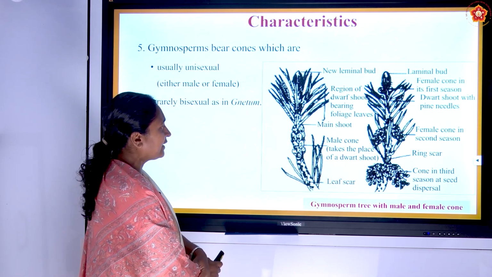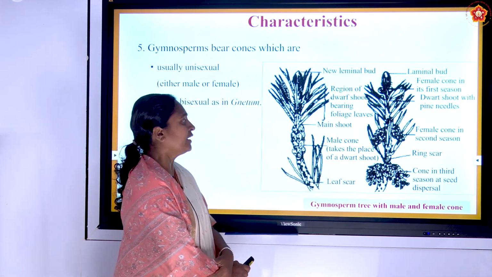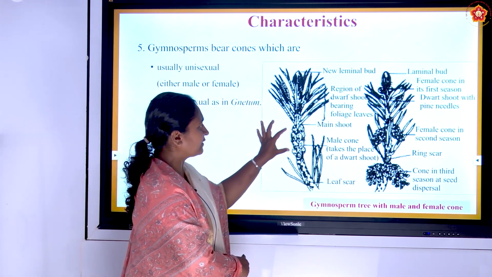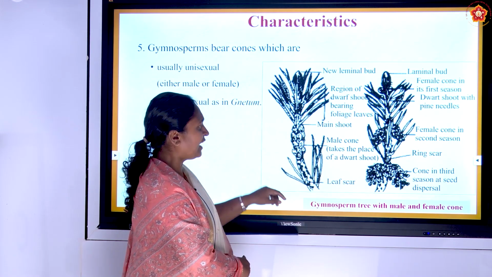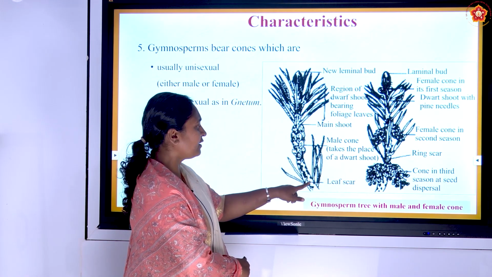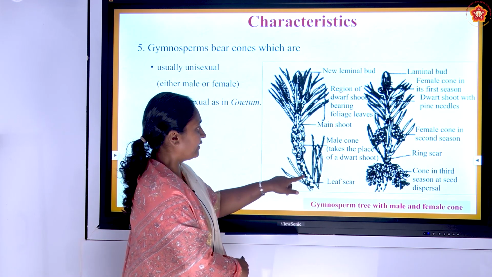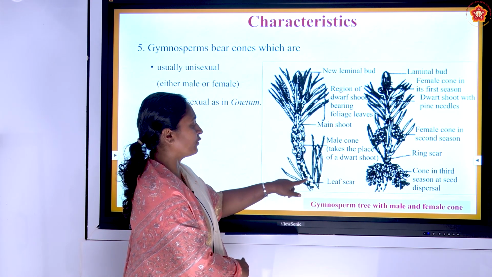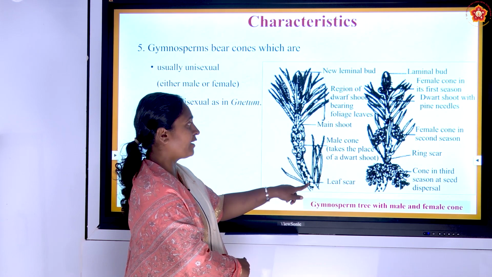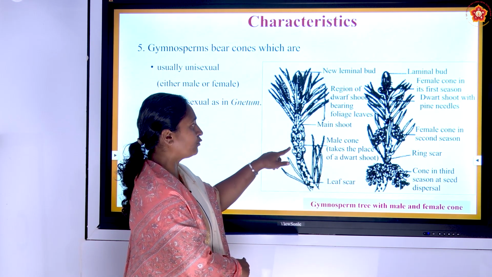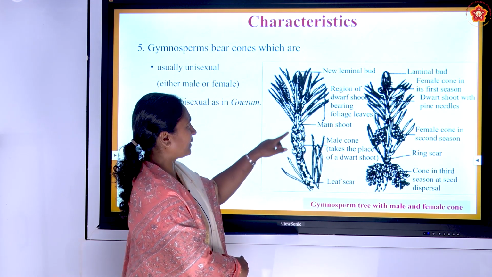When you see the detailed structure of the cones, we can see it is arranged on the stem part and it is just above the leaves. Here some of the leaves are already shed, so you can see the leaf scar which is present, and this is a male cone which is present on the main shoot.